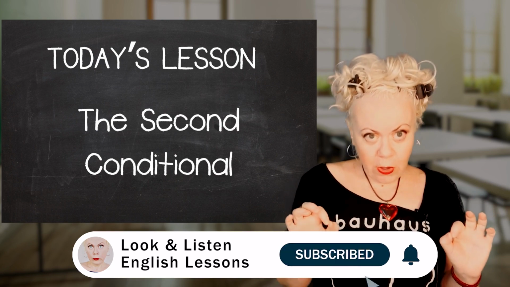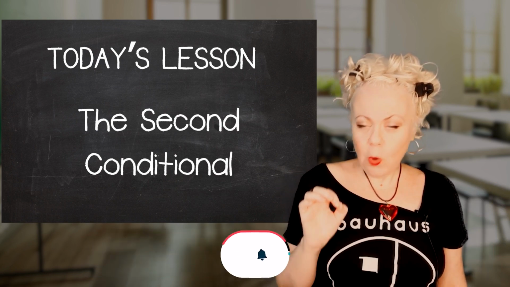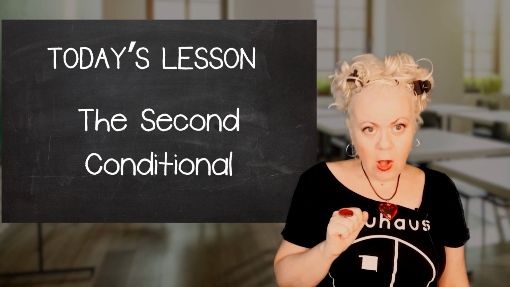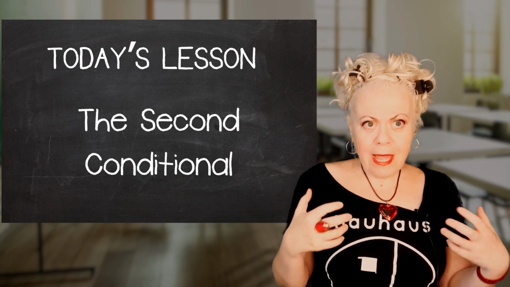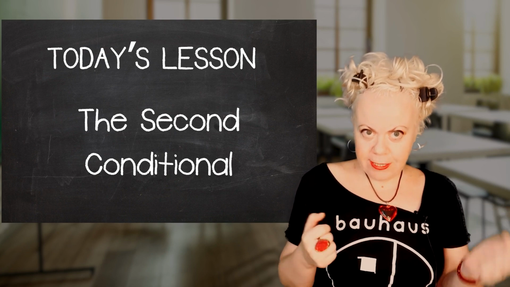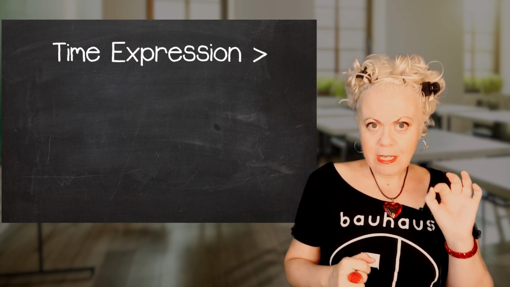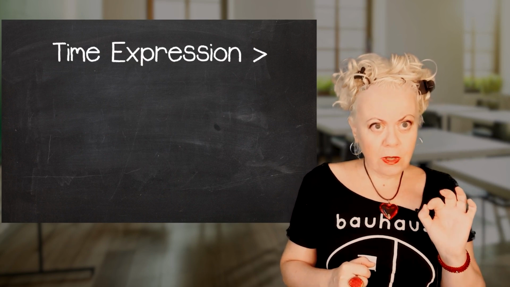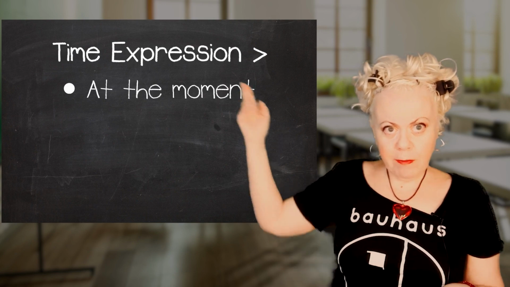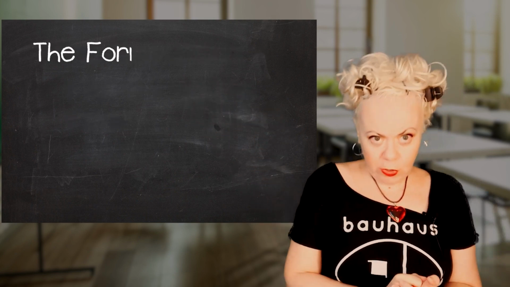We also use the conditional to express possible plans or suggestions. Also, we can describe an impossible or incorrect situation in the present tense. Now, the time expressions we use are at the moment and now. Let's have a look at the form, shall we?